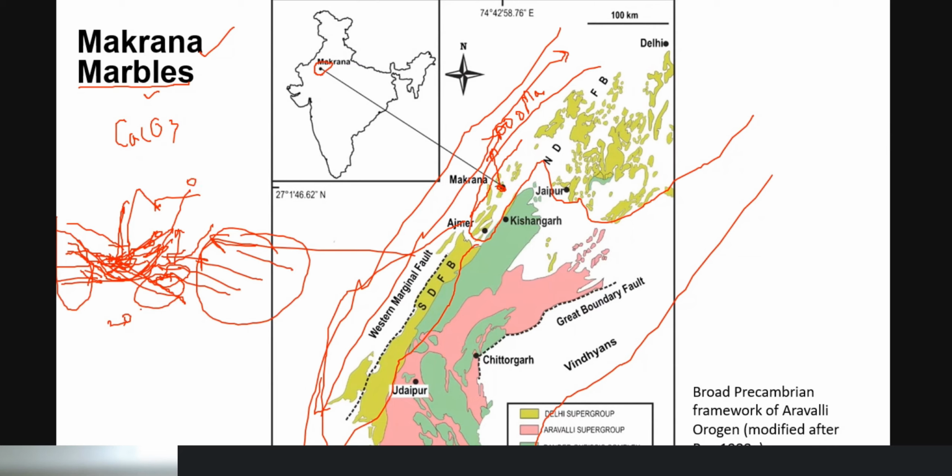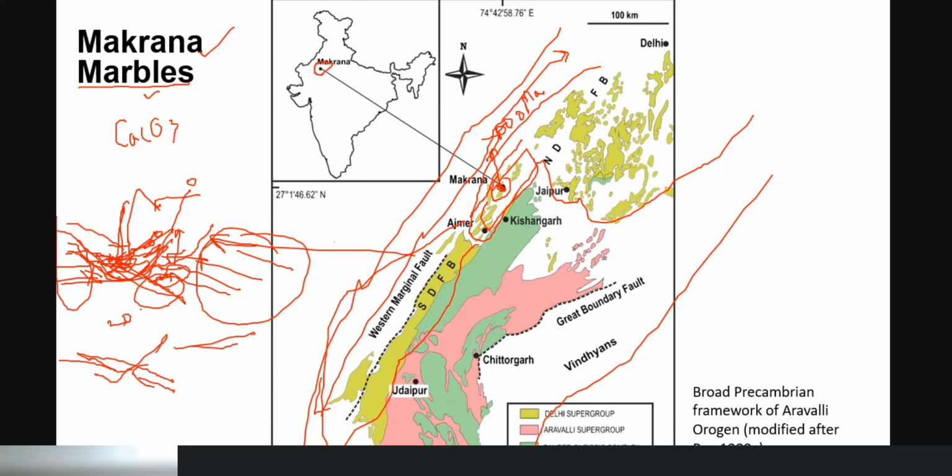That's why we are finding these particular marbles at the earth's crust at the present time, because metamorphism happens at some depth, but we are finding this marble at the surface. So how has this been formed? This is the process. First sedimentation happened in the basin, then two plates collided.